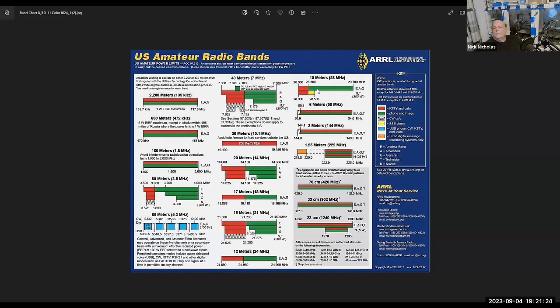The frequencies from 6 meters to 2 meters, or to 1.25 meters, or 50 megahertz all the way up to the ham band of 2.9 megahertz, that spectrum falls within what is defined as VHF.